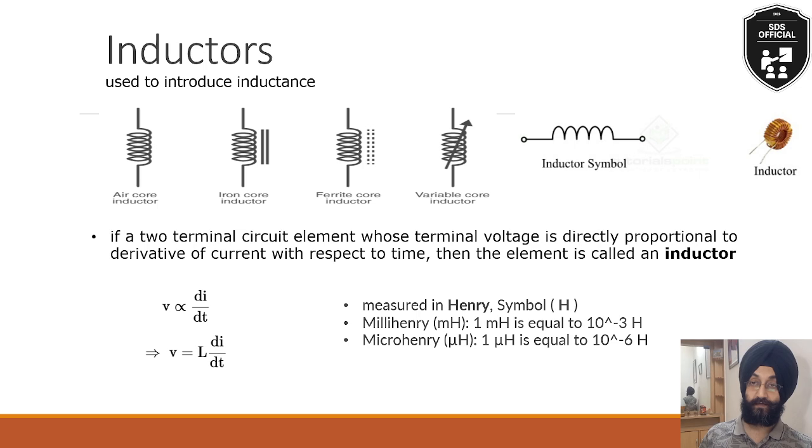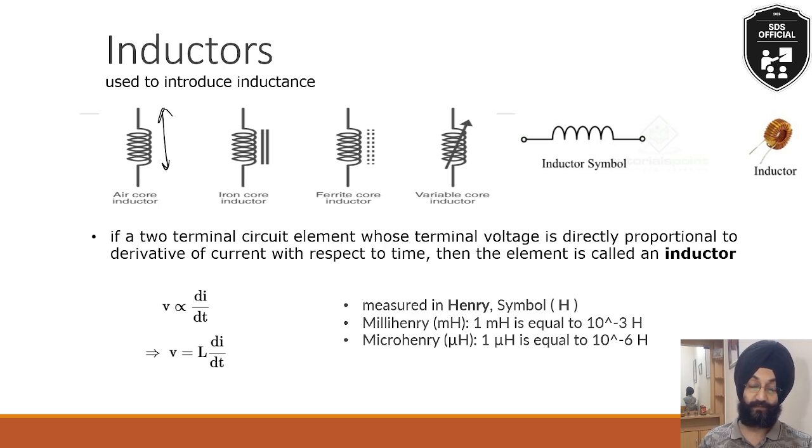So inductor is any component, any electrical DC or AC element in which energy is stored in the form of magnetic field. So whenever we know a current passes through an electric wire, there is always a generation of magnetic field. And if we wound this wire around a coil or just like a coil, it behaves as storage of strong magnetic field.